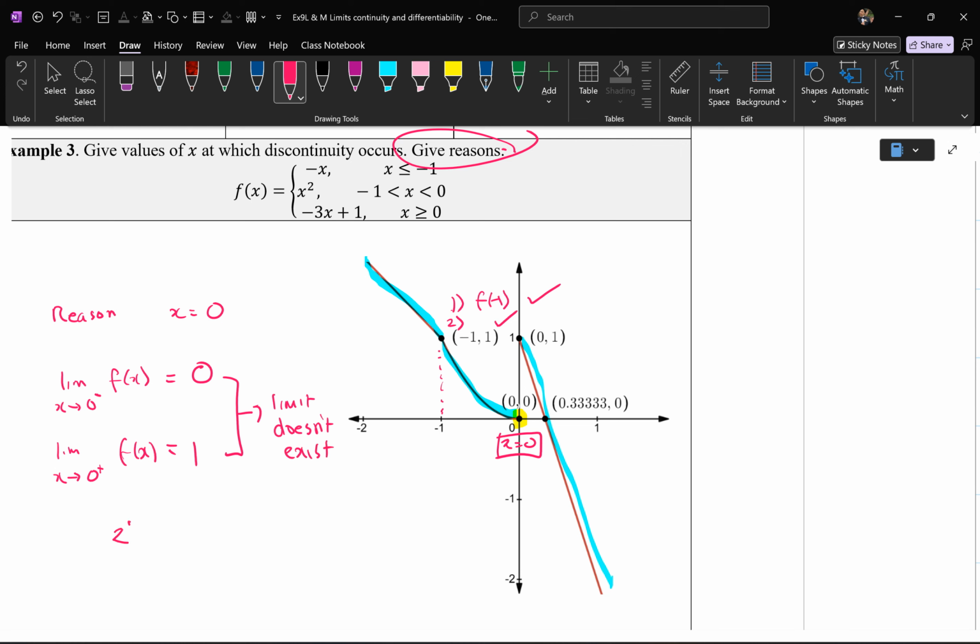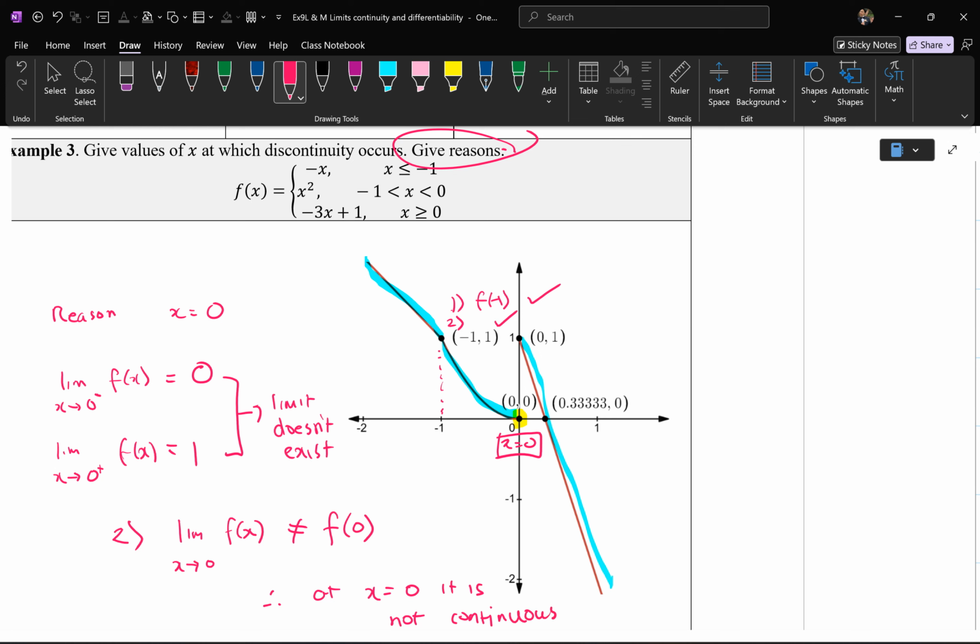Or at least condition 2, the limit as x approaches 0 of f of x does not equal f of 0. Okay? And hence, therefore, at x equals 0, it is not continuous.